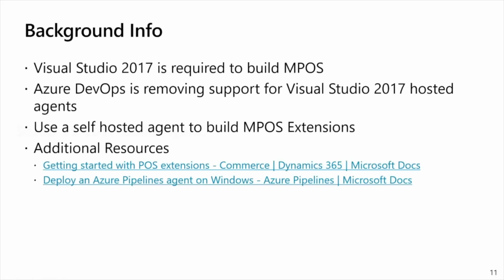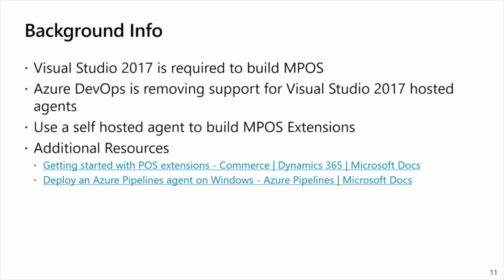So just briefly, I know Mugunthan did a very good job of giving the background info previously, but with MPOS's requirement for Visual Studio 2017 to build and produce the packages, and Azure DevOps removing support for Visual Studio 2017 in the hosted agents in March, we need another solution to build MPOS extension packages in Azure DevOps pipelines.